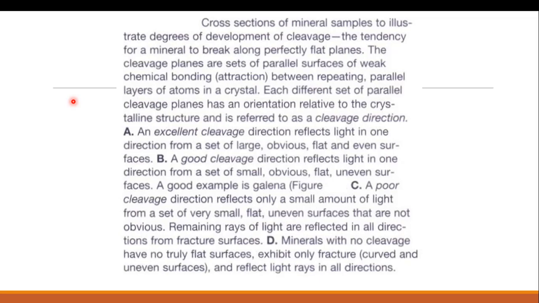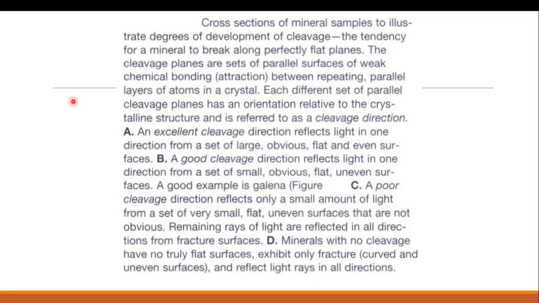Number 2, we have a good cleavage direction, reflecting light in one direction from a set of small obvious flat uneven surfaces. A good example for that is galena. And number 3, a poor cleavage direction reflects only a small amount of light from a set of very small flat uneven surfaces that are not obvious.